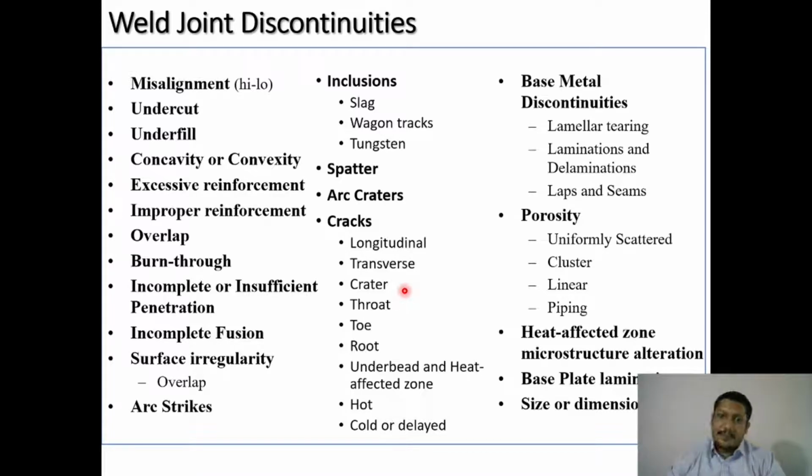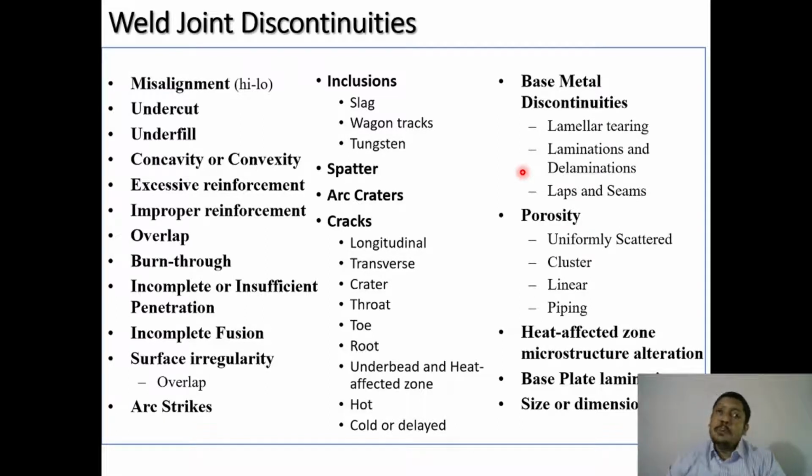Certain defects, for example cold or delayed cracks, or base metal discontinuities, may sometimes cause defects or discontinuities in the weld.